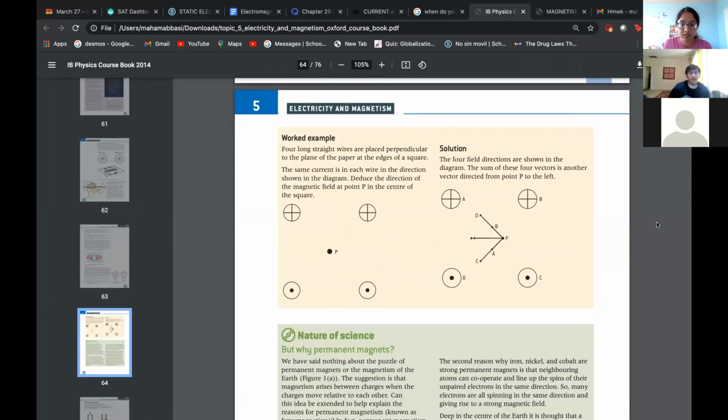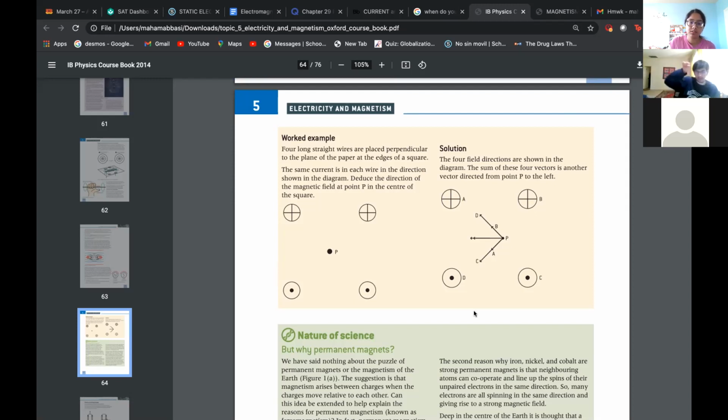Just this concept. Let me read it. Four long straight wires are placed perpendicular to the plane of the paper at the edges of a square. The same current is in each wire in the direction shown in the diagram. Deduce the direction of the magnetic field at point P in the center of the square. So you're going to use right-hand rule 2, I believe, right? Yeah, that's what it says to do, but I'm a little confused on how.